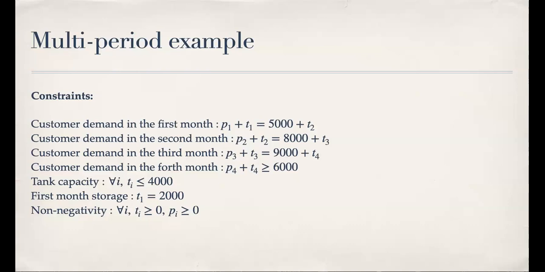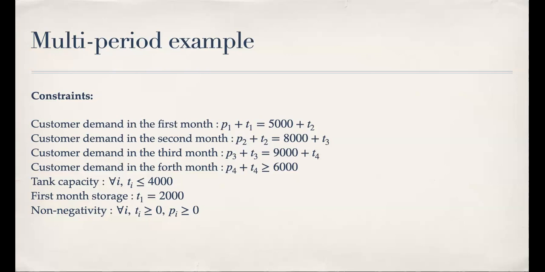But if the company is required to store the tank with the same amount of oil at the end of the period, of course you need something, like 2,000 more. But because there is no constraint on that, we don't need anything left in the tank, right?